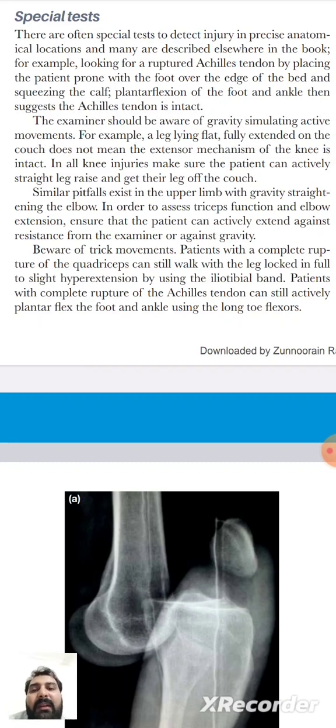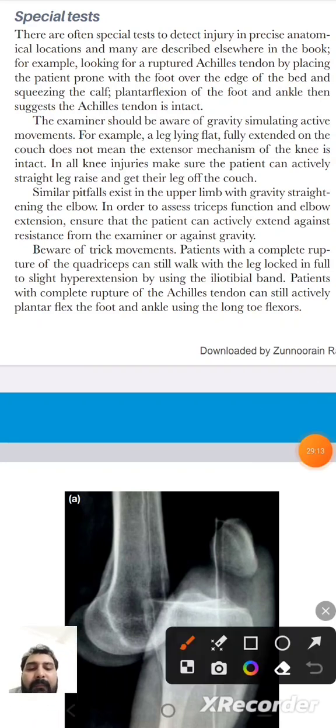Beware of trick movements. What are trick movements? When a muscle is paralyzed or its function is lost, the patient learns to compensate for its function with some other muscles which are closely related to this muscle.